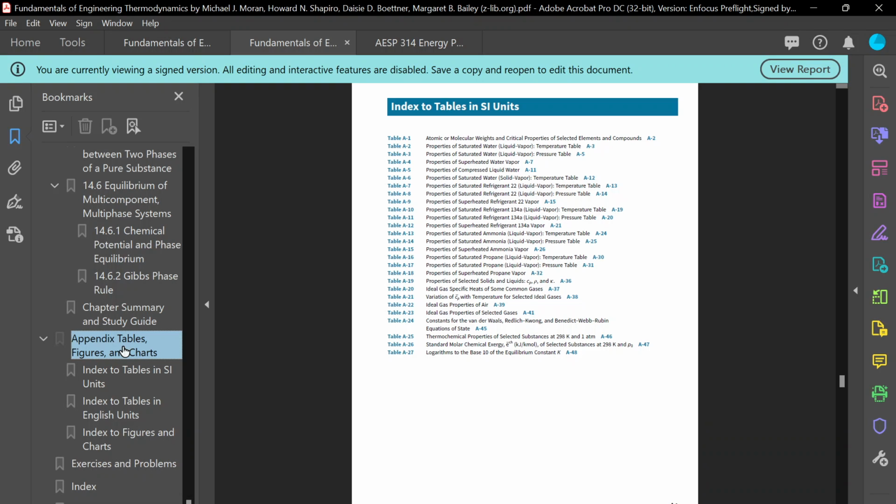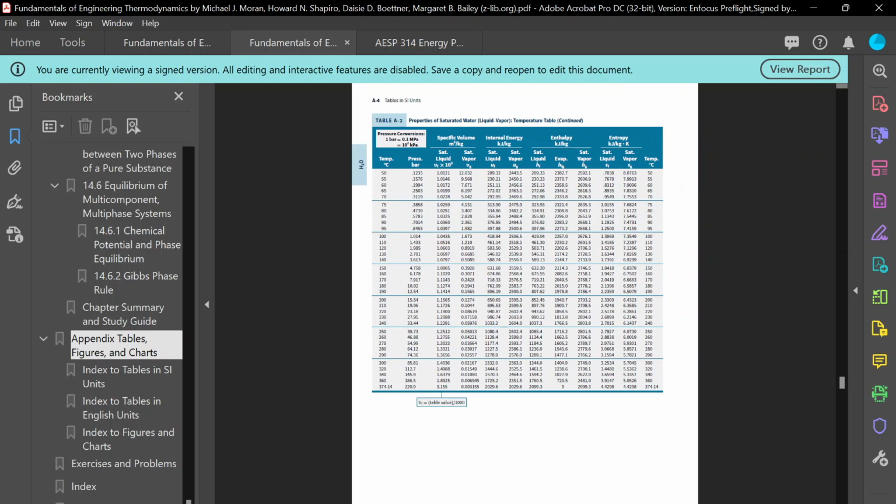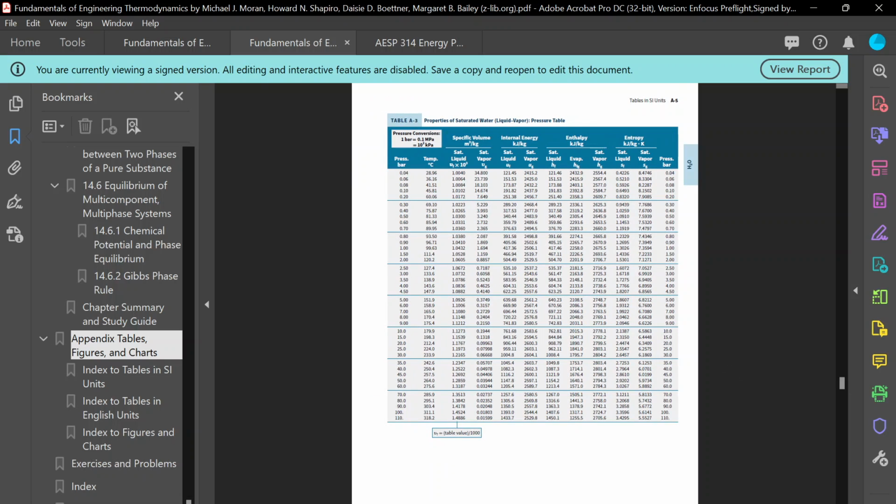You come to the indices, right? And look here, properties of saturated water, pressure table. We are given the pressure. We want to look for the properties of saturated water. It is not clickable, so I'm just going to table A2, A3, right?